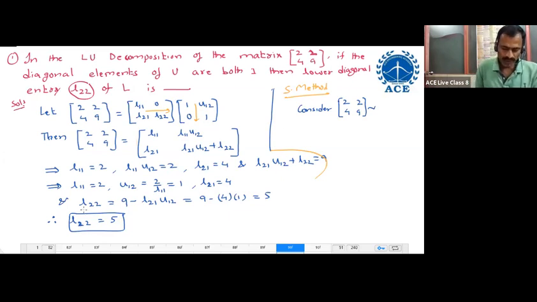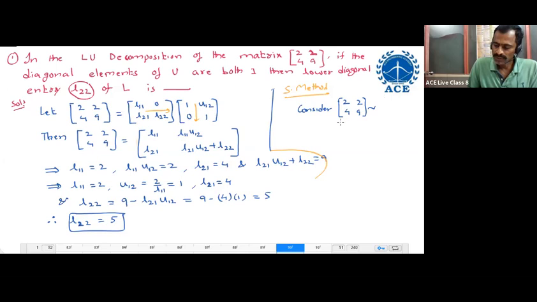This L22 belongs to the lower triangular matrix. So we try to reduce this matrix A into the lower triangular matrix. To reduce the matrix A into upper triangular matrix, we apply the row operations, row echelon form. And to reduce the matrix A into the lower triangular matrix, we should apply the column operations only. That is, we should make the row elements zeros.